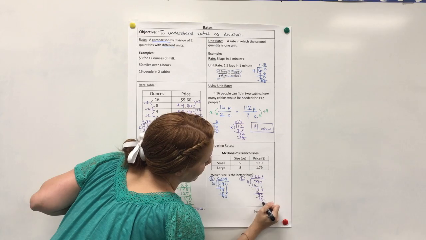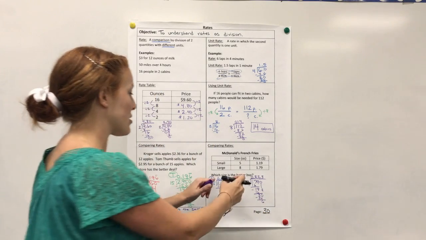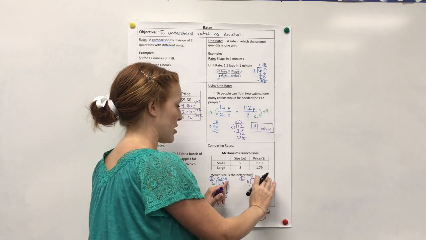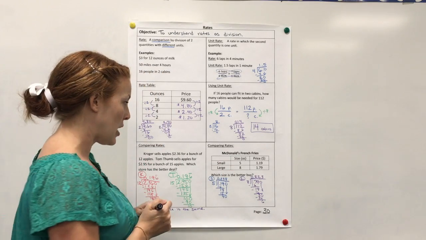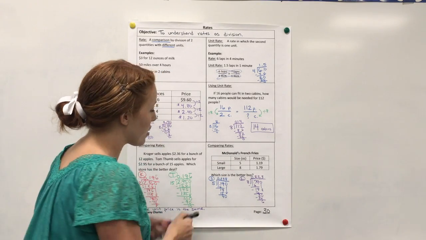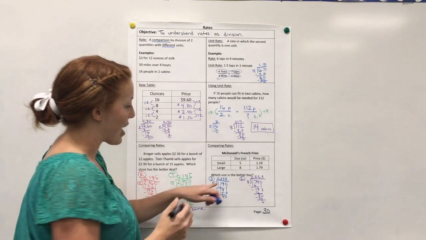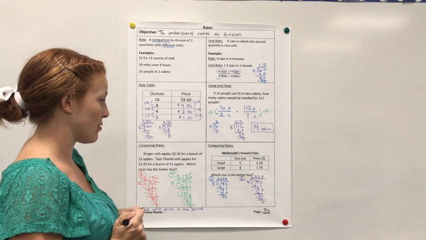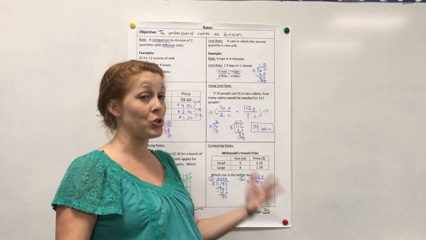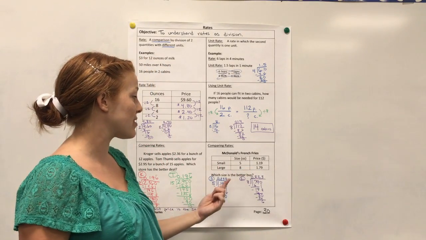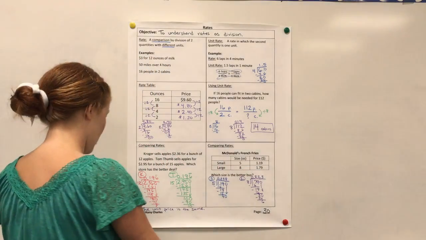And I'm going to stop there. I could continue dividing, but since I have 3 digits on each one, let's just compare now. Okay, well here I have about 24 cents per ounce. And here I have about 22 cents per ounce. So in this case, the large is the better deal.